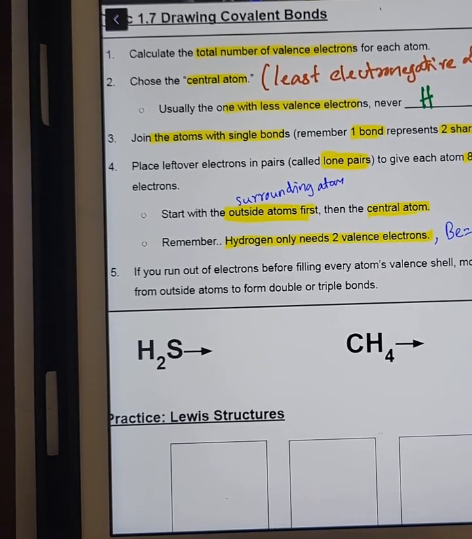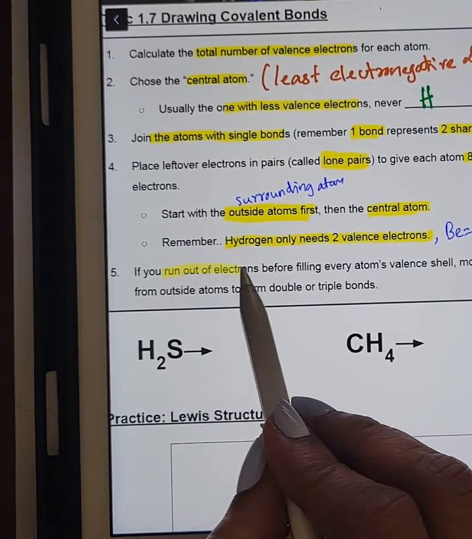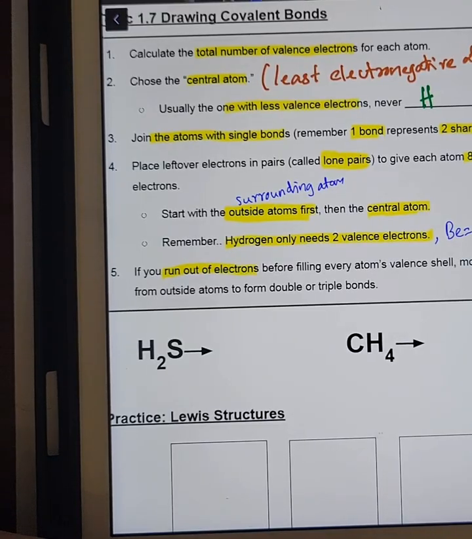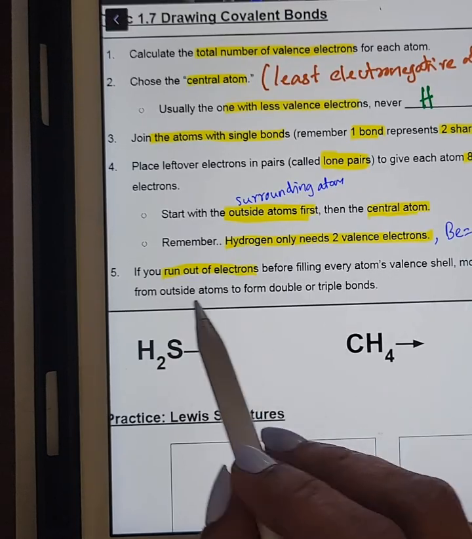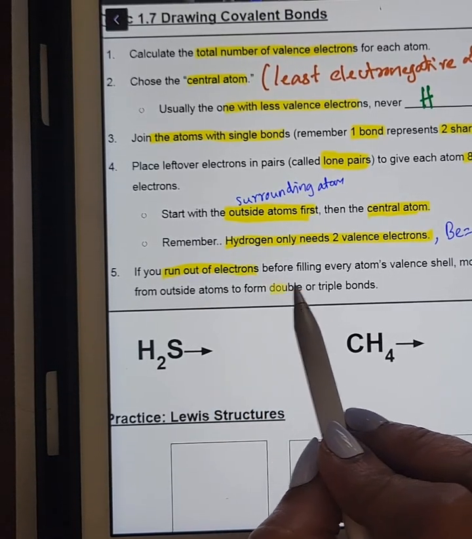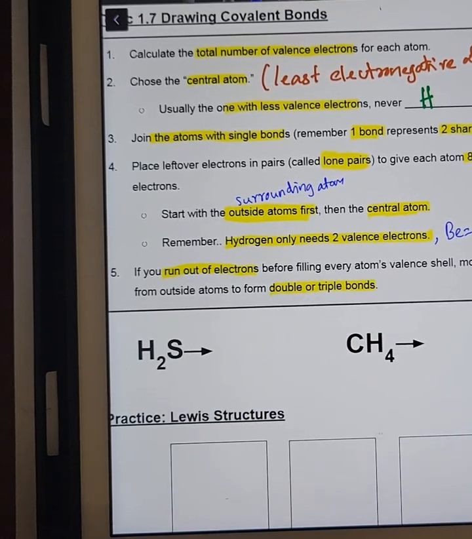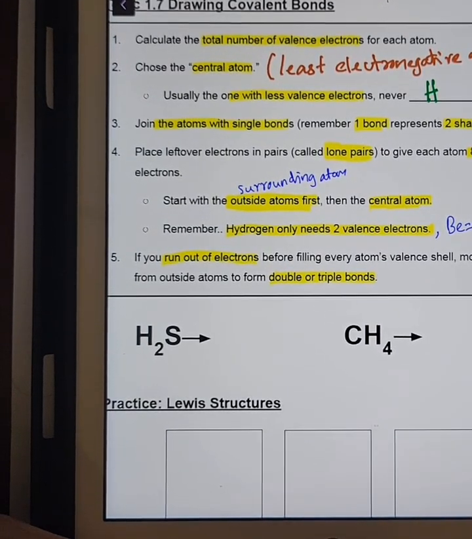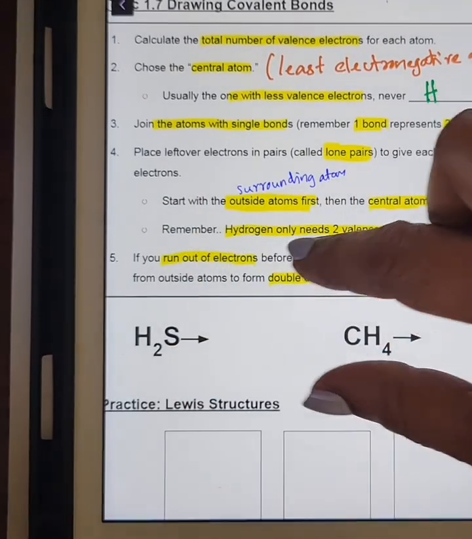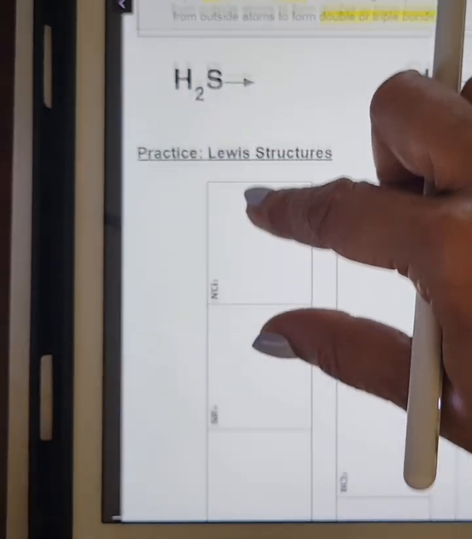If you run out of electrons while distributing, meaning we don't have enough electrons, then you move the lone pairs to share between two atoms. That's how we make double and triple bonds. I know the rule is confusing, but when you do the example, you will understand how to do that.